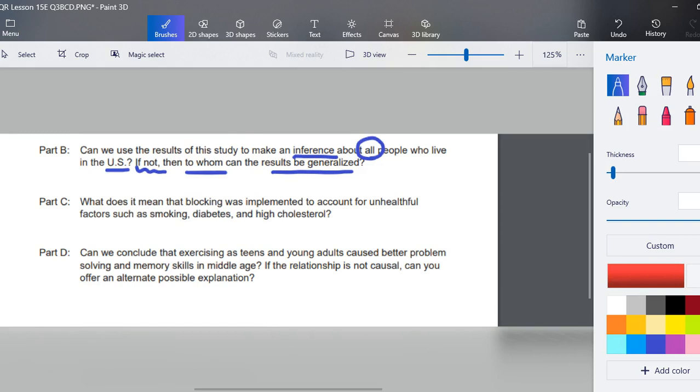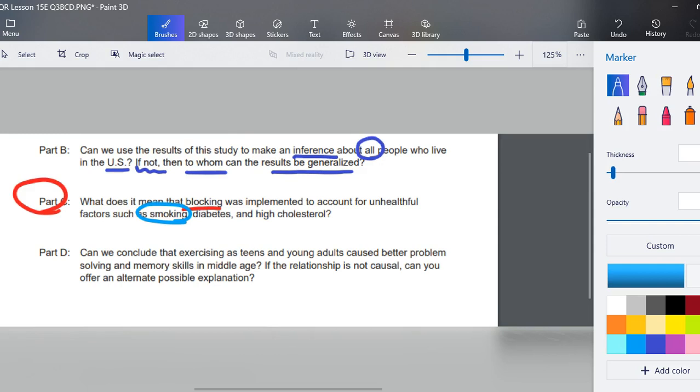Part C. What does it mean that blocking was implemented to account for unhealthful factors such as smoking, diabetes, and high cholesterol? It means that smokers were isolated in a block, and those who exercised as teens and young adults were compared to those who did not exercise.